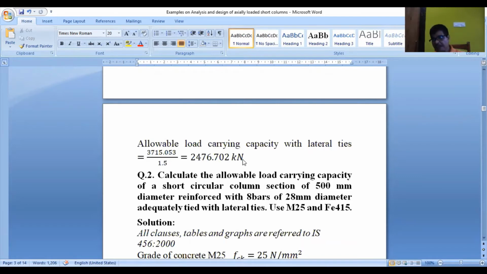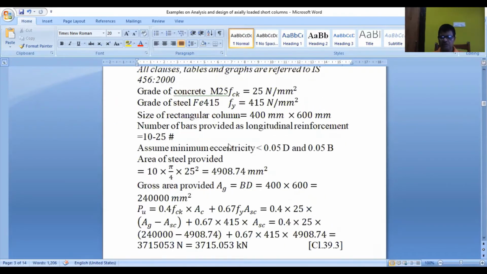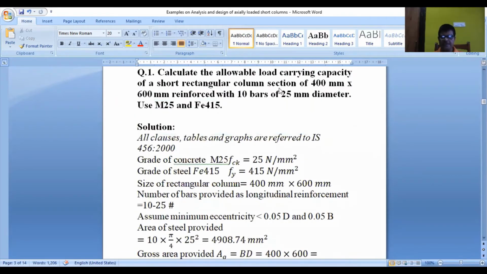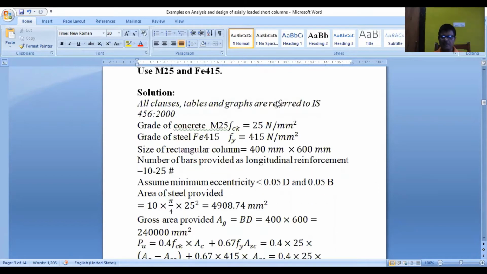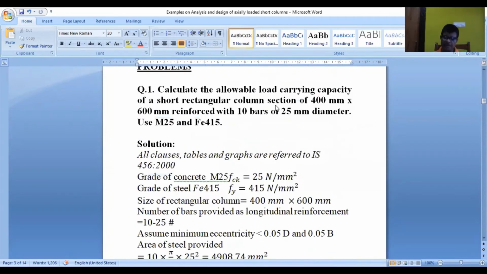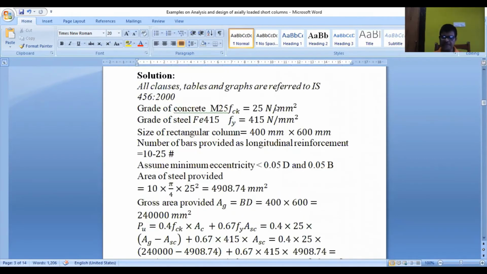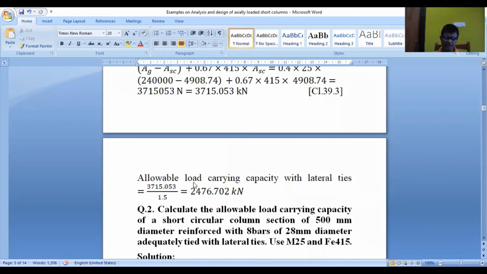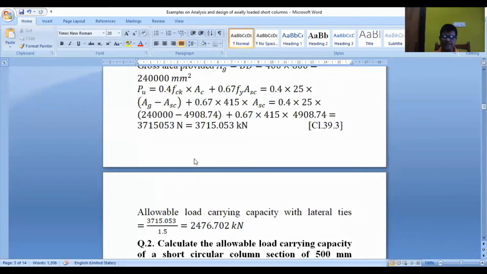And this is for the axially loaded short columns with lateral ties. In the question, it will be written if it is helical ties. If it is not written, this formula is for lateral ties, and if you are using helical ties in the same problem, it will be designed for helical ties. The strength will be the ultimate load carrying capacity, and whatever value is given, multiply by 1.05. That's all.